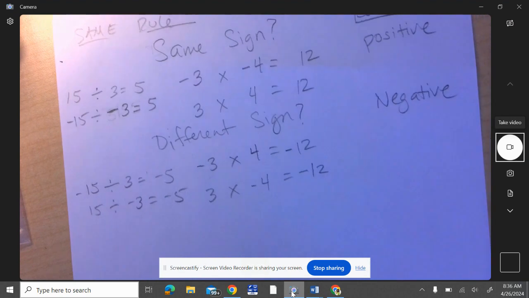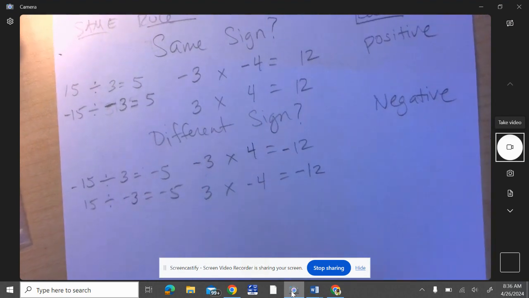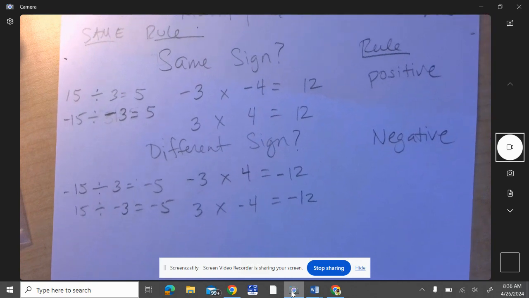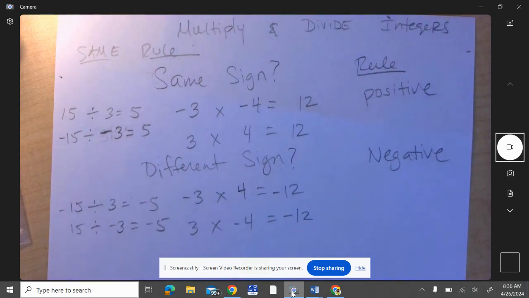Same with division. If you have the same sign, the answer is going to be positive. If you have a different sign, the answer is going to be negative. So it's the same rule with multiplying and dividing integers.